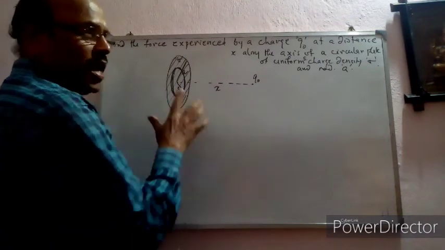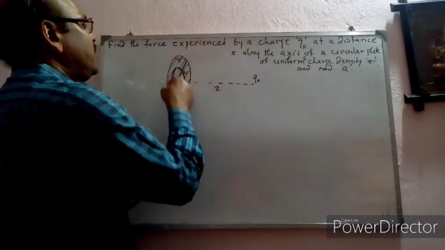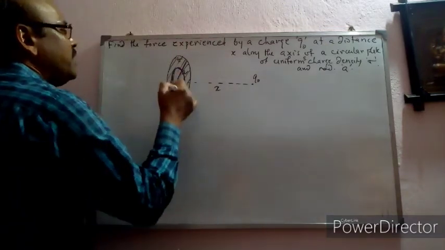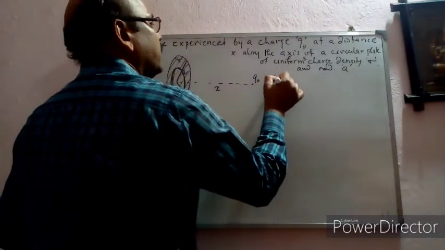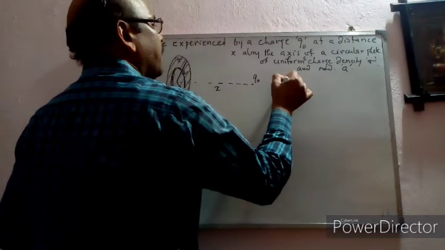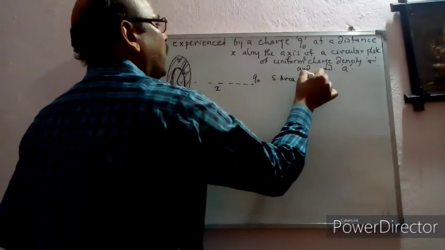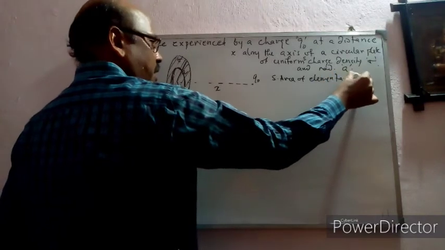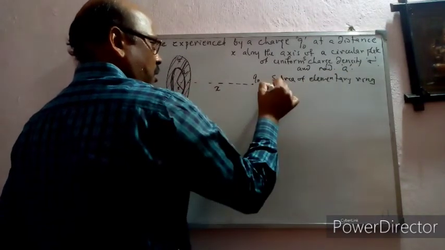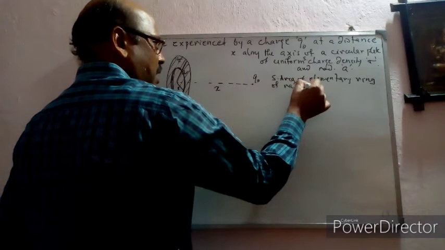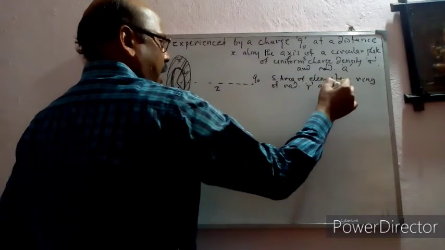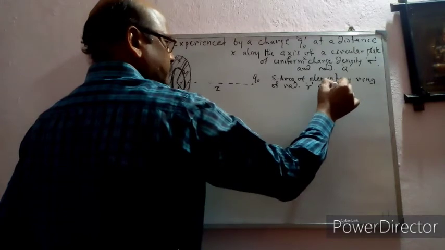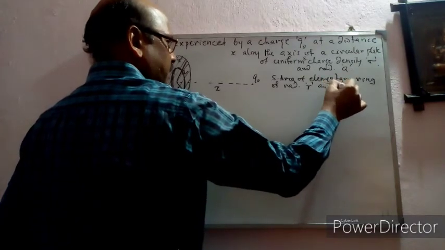So in order to calculate it, let us consider an elementary ring. What is the surface area of the elementary ring of radius r and thickness dr?